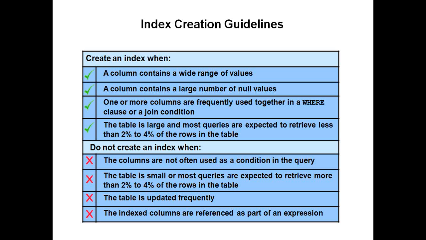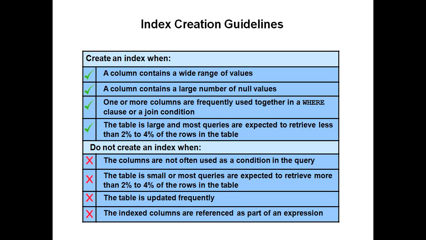And the next one says, we need to create an index when the table is very large and most of the queries are expected to retrieve less than 2 to 4% of the rows. So what do we mean by that? For example, I have a table with 10 lakh records, and you know that out of 10 lakh records, every time you would be retrieving only 4,000 rows.